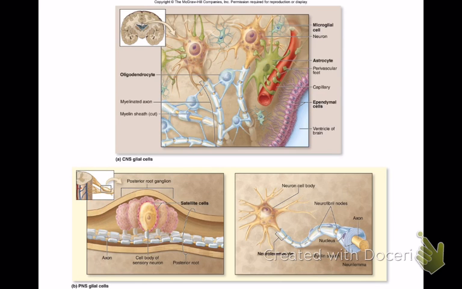So picture this, the neuron cell body's intact, but the axon got traumatized, sliced in two. The neuron cell body will try to grow a new axon. What stops it? Those troublesome astrocytes have gone and put some scar tissue in the way.